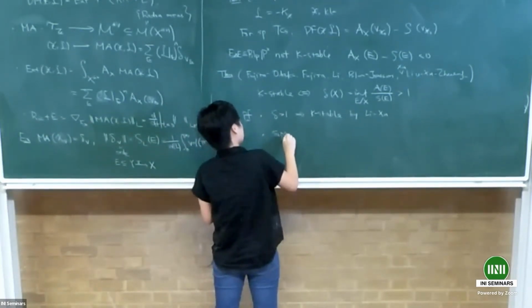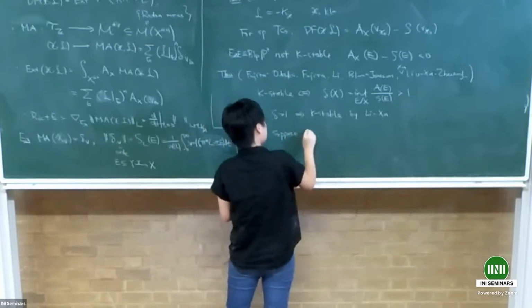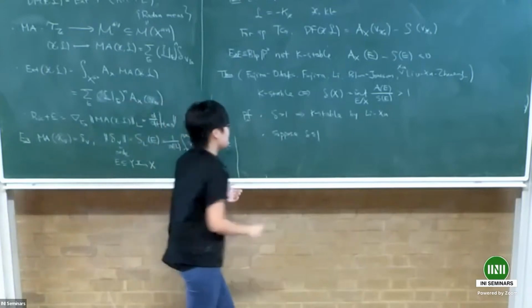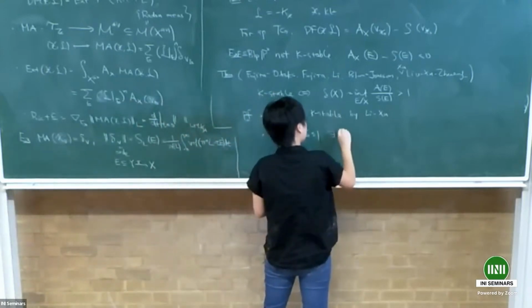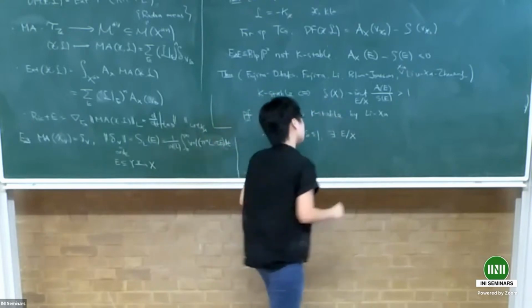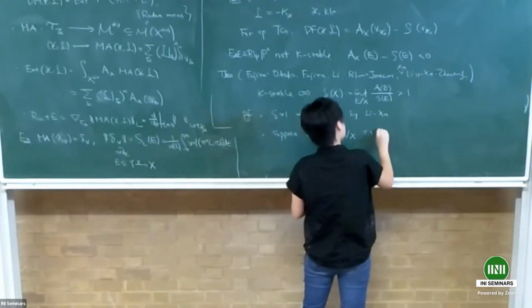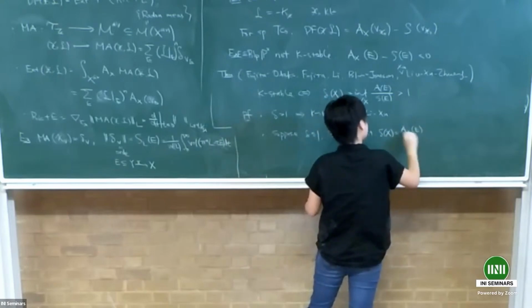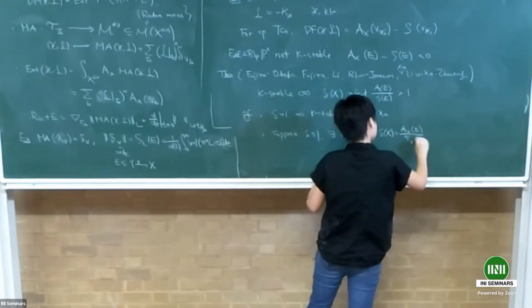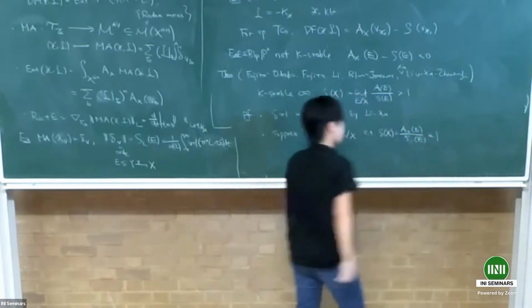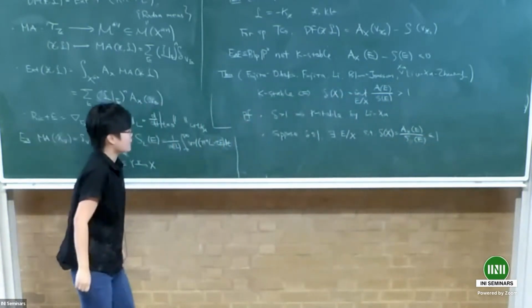Suppose to the contrary that delta is less than or equal to 1, then in fact there exists a valuation over X computing this delta, so A_X over S is less than or equal to 1.